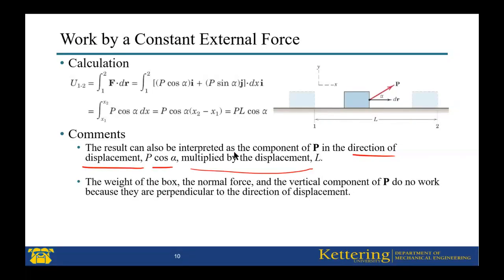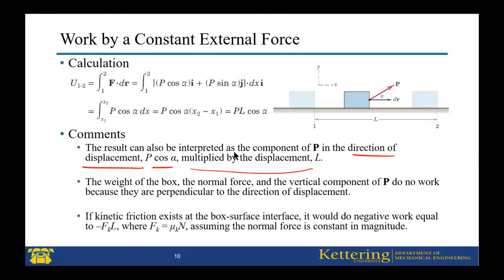Also, the work of the normal force or vertical components of the P do not do work, as I just showed you. Finally, if there's a frictional force, the frictional force work is minus Fk or Ff multiplied by L, assuming that the normal force is constant.